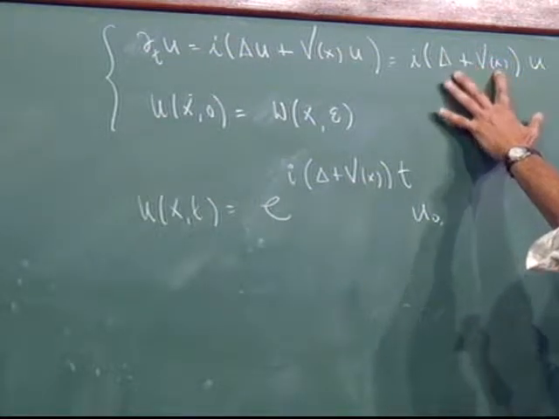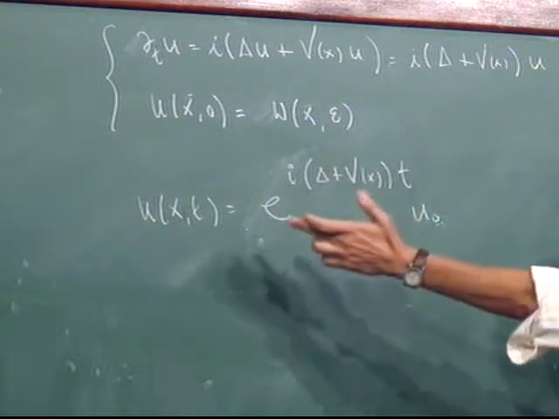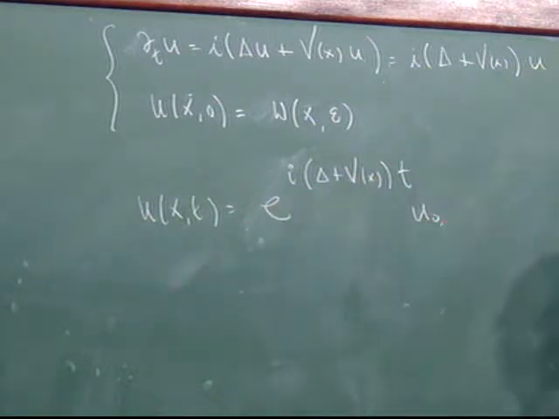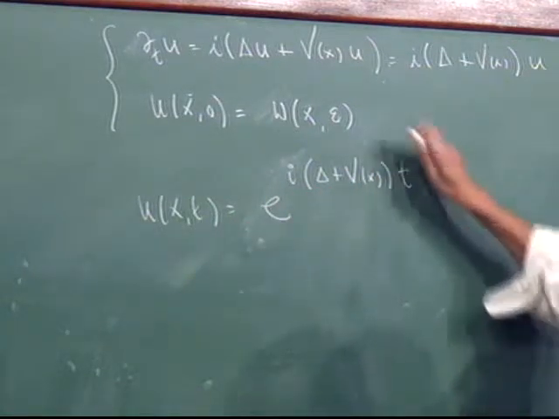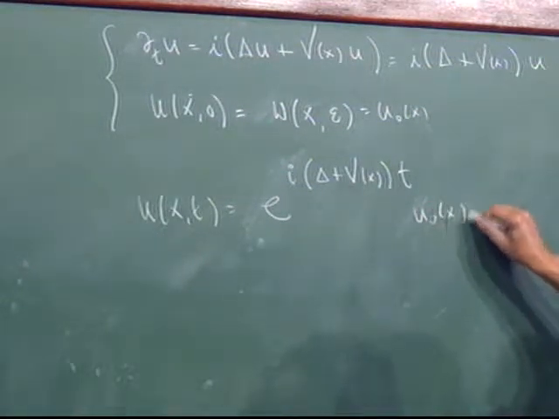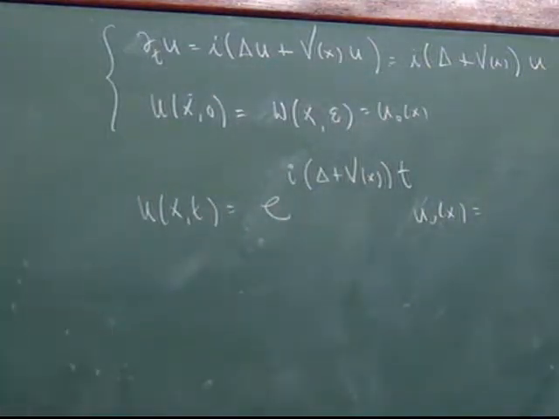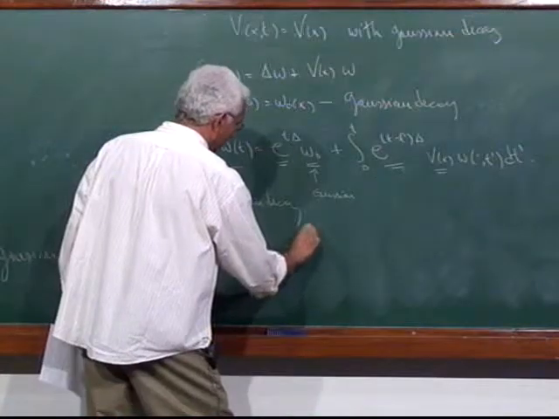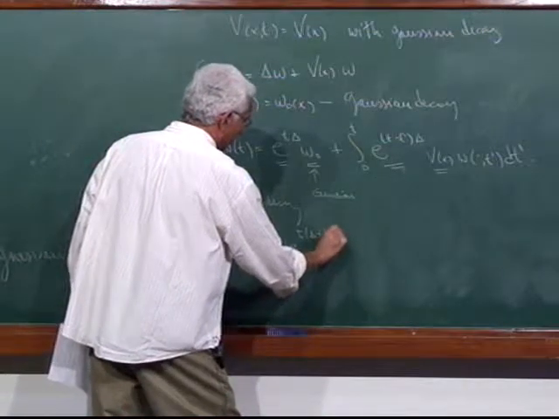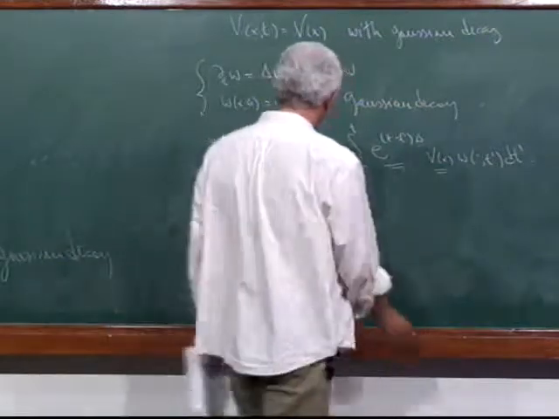You perturb by something bounded, this generates a group. You have all the right to write this in this way. But this data here is the solution of this problem. And in fact, W of t by the same token can be written like e to the t Laplacian plus b of x, u sub 0, W0.